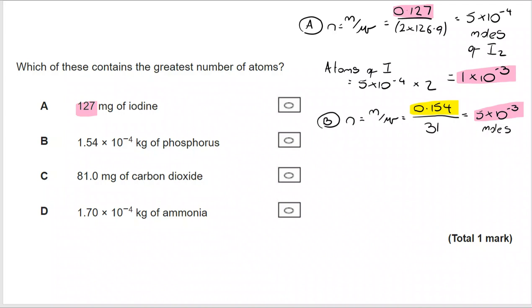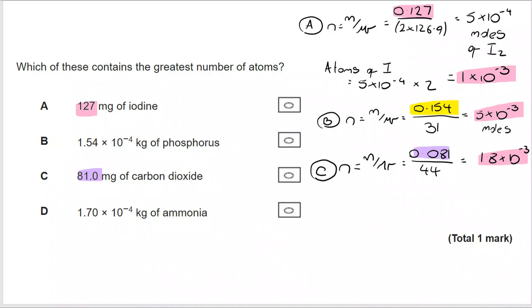The next one, 81 milligrams of carbon dioxide. Again, we've got to remember to convert our milligrams into grams. So 0.081, and we're dividing that by 44. And that takes us to 1.8 × 10⁻³ moles of carbon dioxide.